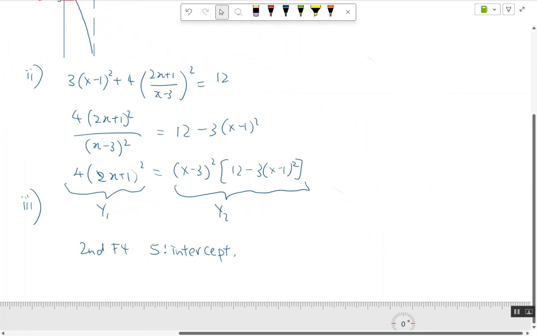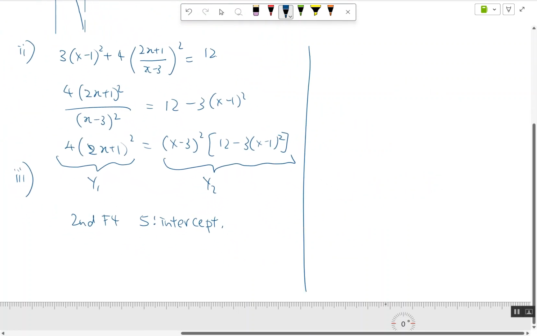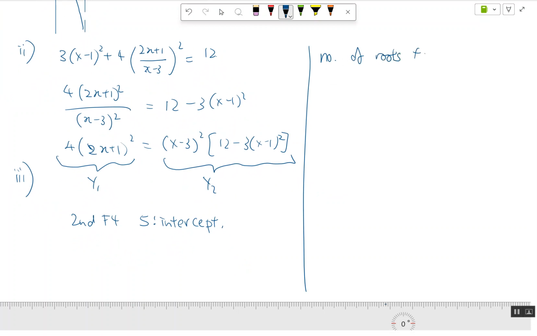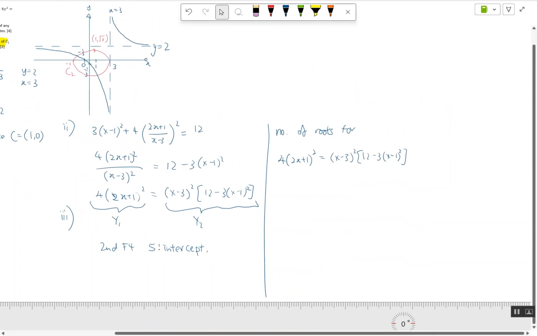Now, if the question comes out in a different way, for example, find the number of roots for (2x plus 1) squared equals to x minus 3, this can come up the reverse way, whereby this is now the question. These two equations you don't see from the graph, because the first part asks you to draw the graph of C1 and C2.